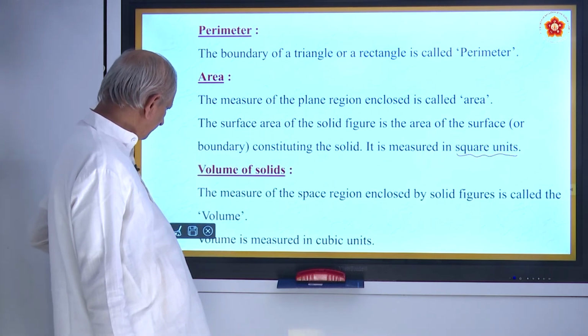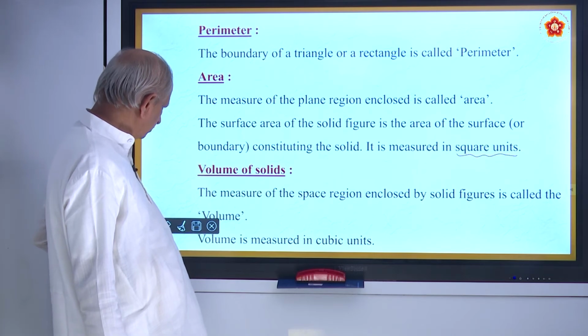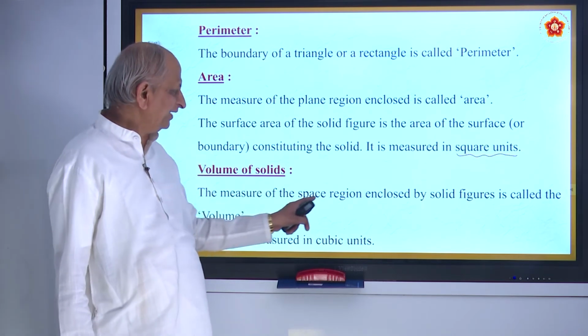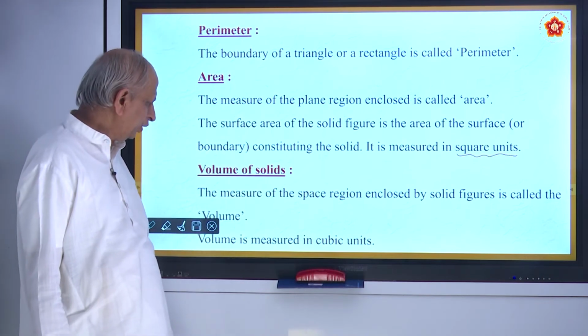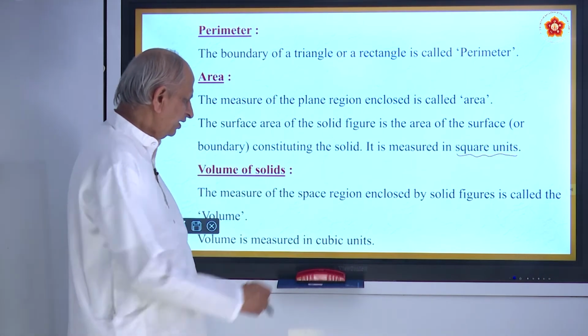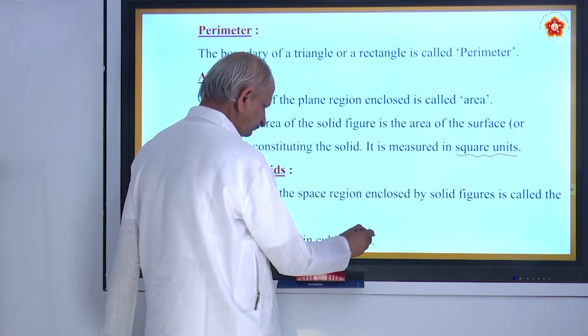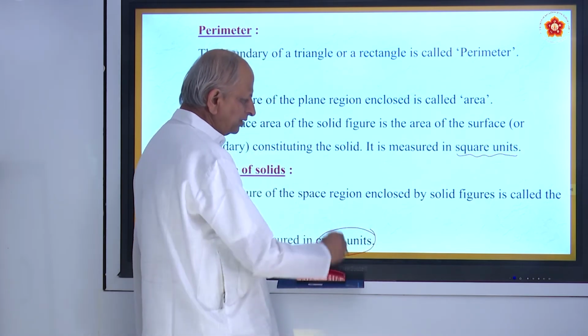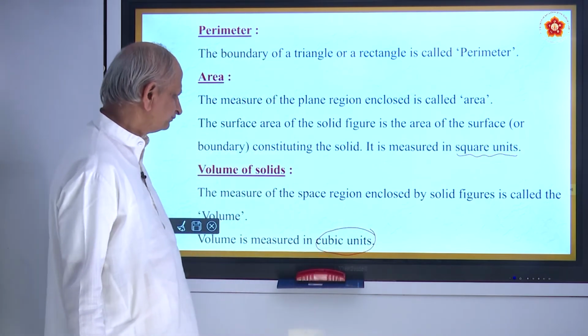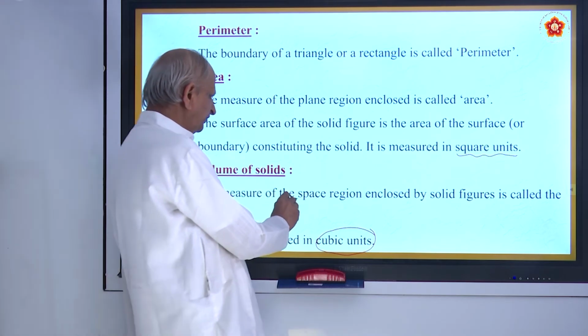Volume is measured in terms of cubical units. The measure of the space region enclosed by a solid figure is called volume. It is measured in cubical units, say centimeter cube or meter cube, etc. So, space region.